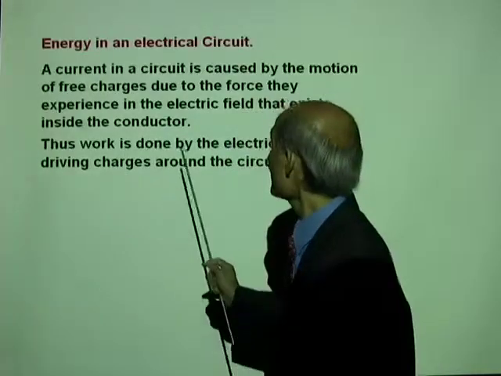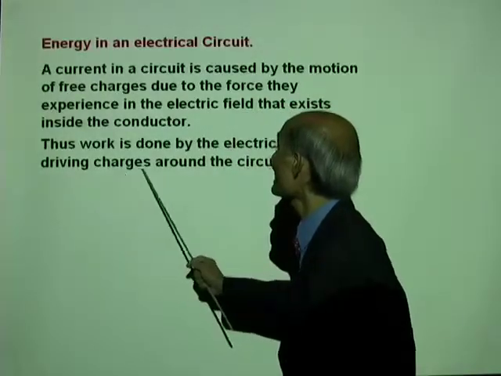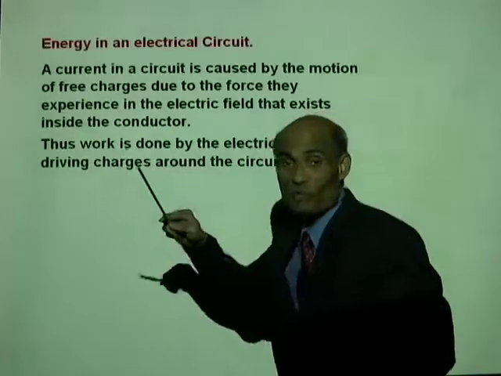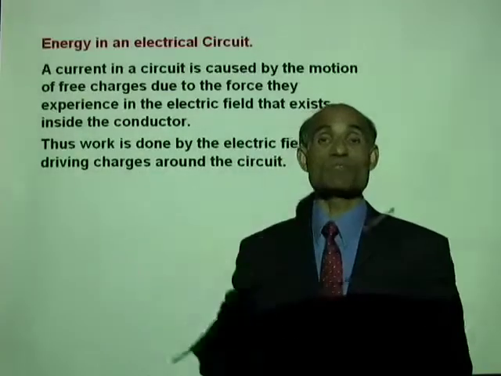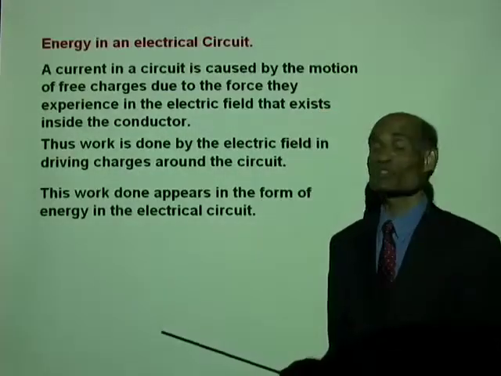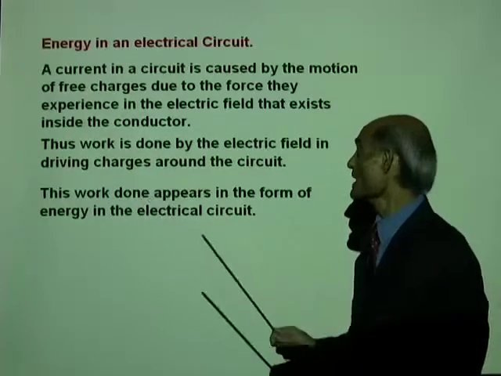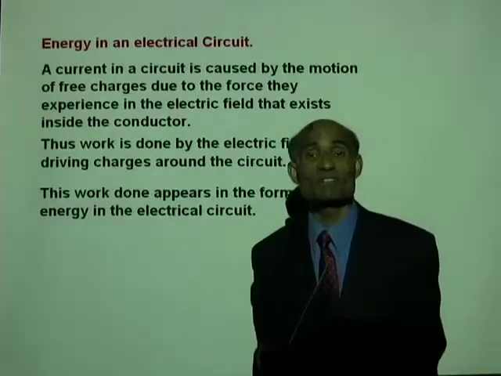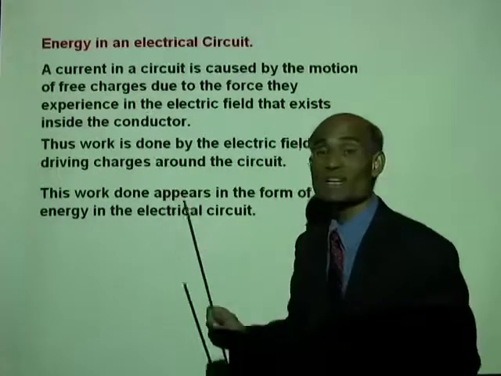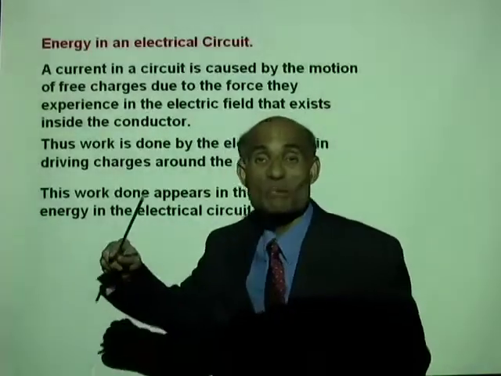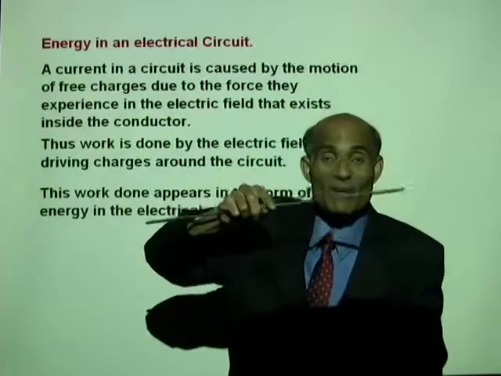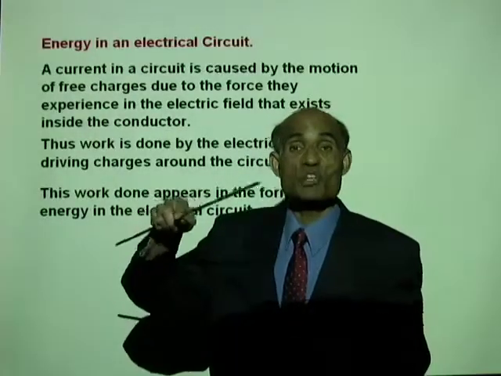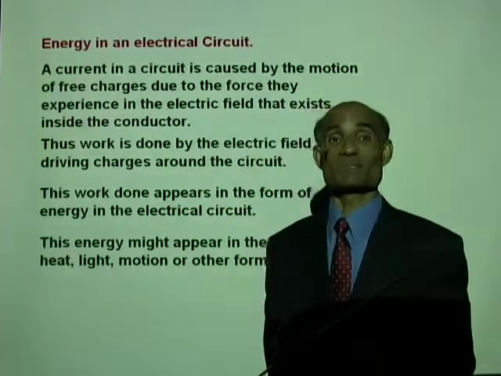So, work is done in driving charges in an electrical circuit. This work done appears in the form of energy in the electrical circuit. So, energy in the electrical circuit is a measure of the work done in driving electric charges around the circuit.